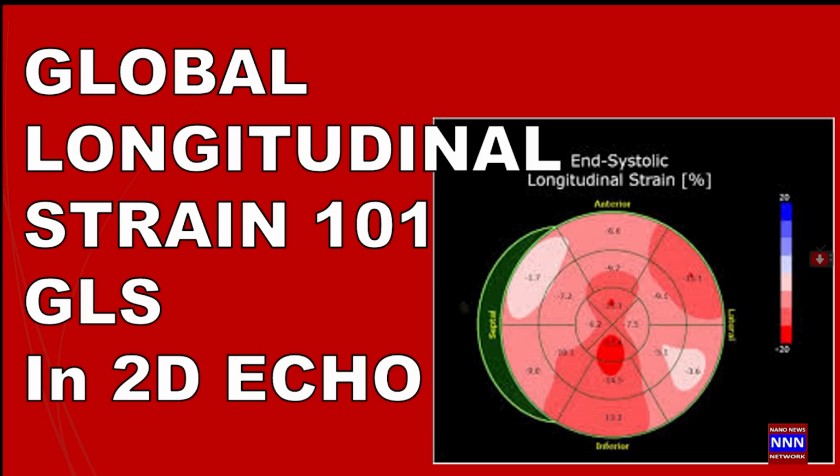What does it mean in 2D echocardiography in evaluating cardiac patients with various cardiac conditions, how it can be used for diagnostic purpose, what are its prognostic uses, what are limitations, and what is the future of this global longitudinal strain that is used in measuring the left ventricular function or regional wall motion changes in an echocardiogram study. So let us begin with the main feature presentation.